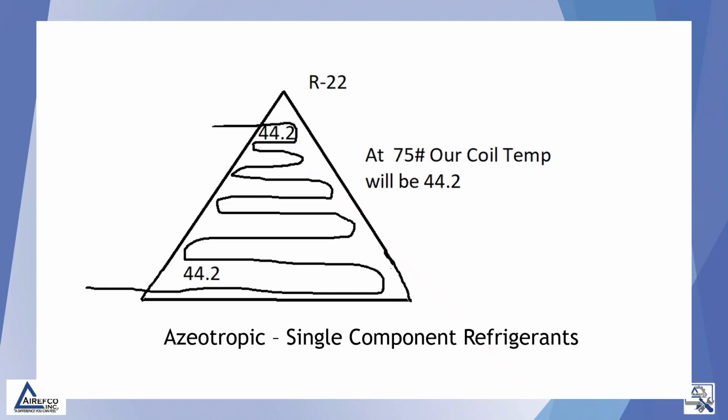This is because R22 is an azeotropic mixture, which means that it is a single component refrigerant. Entering the coil, it's going to be 44.2 degrees, and when it exits the coil, it's going to be 44.2 degrees. Of course, you take into consideration that in the latter part of the coil we're going to start adding superheat, so that temperature will increase at that point in the coil.